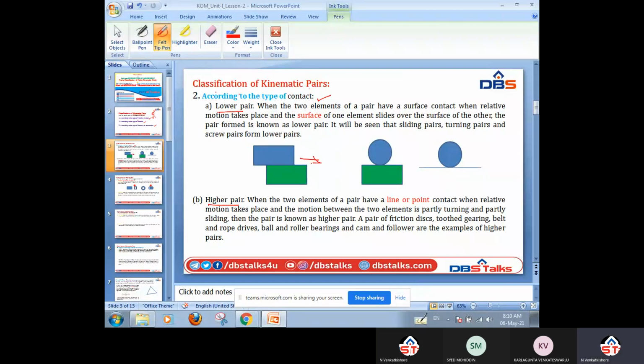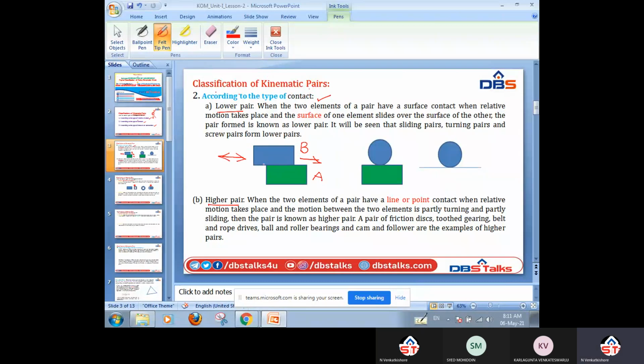See here, this is object A and this is object B. The object B is placed over the object A, or the element B is placed over the element A. The relative motion between these two is either forward or backward.